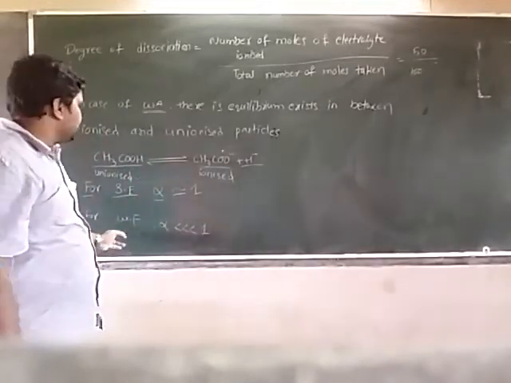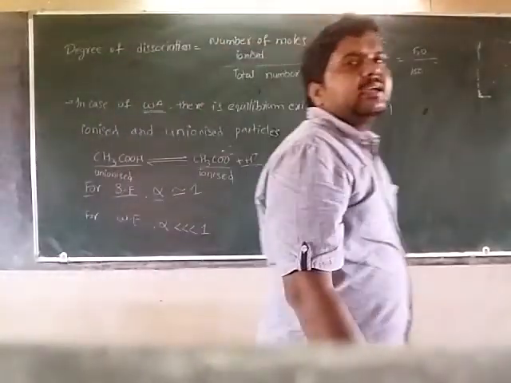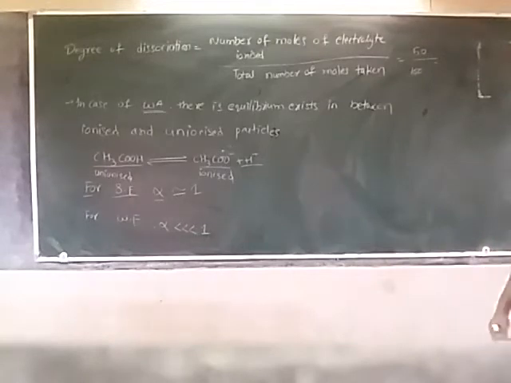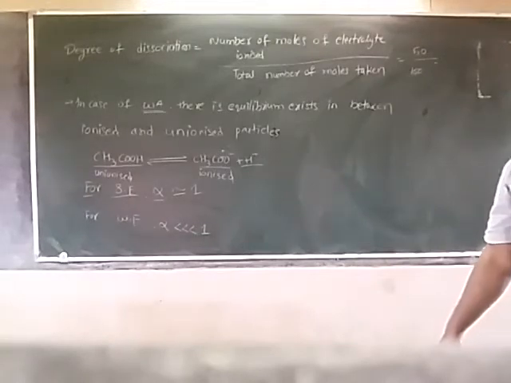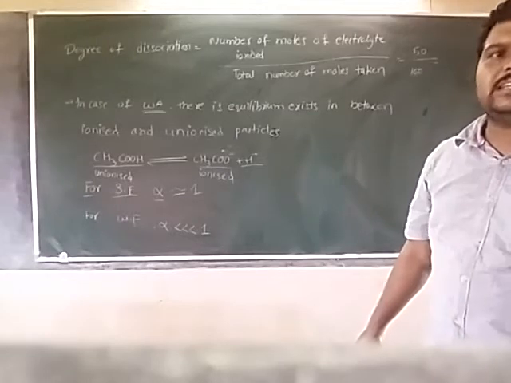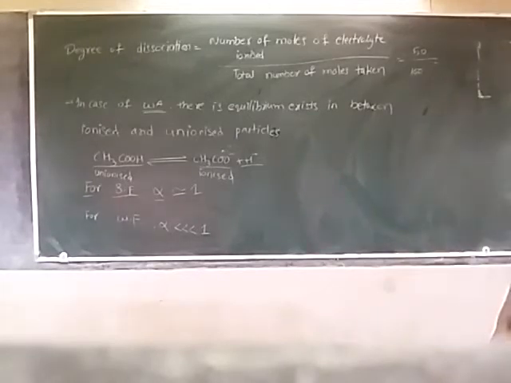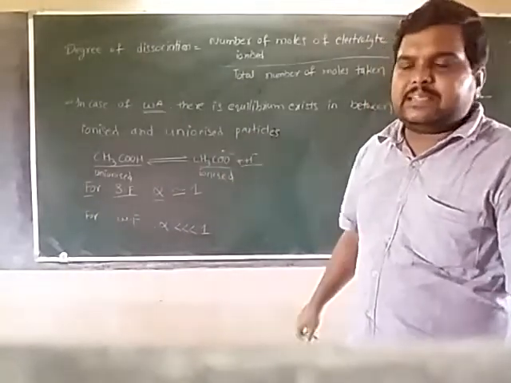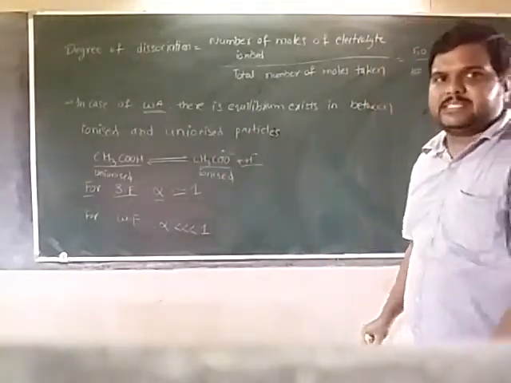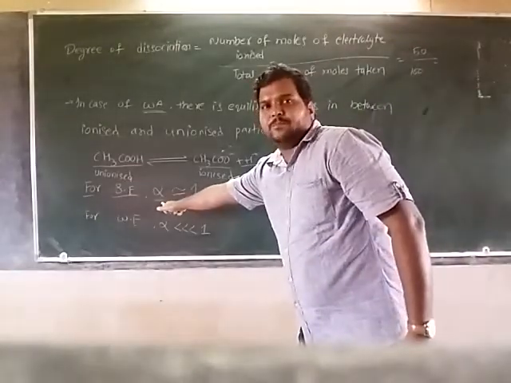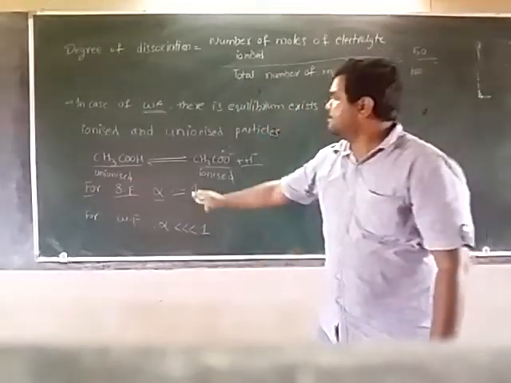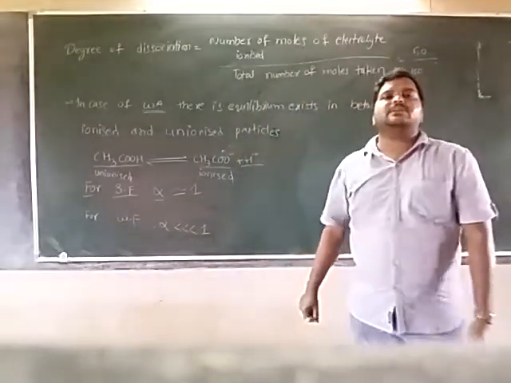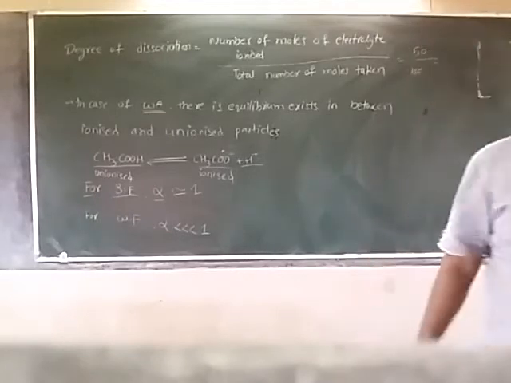The degree of dissociation, alpha, is the ratio of the number of moles of electrolyte ionized to the total number of moles taken. For strong electrolytes alpha is nearly 1; for weak electrolytes it is very small.